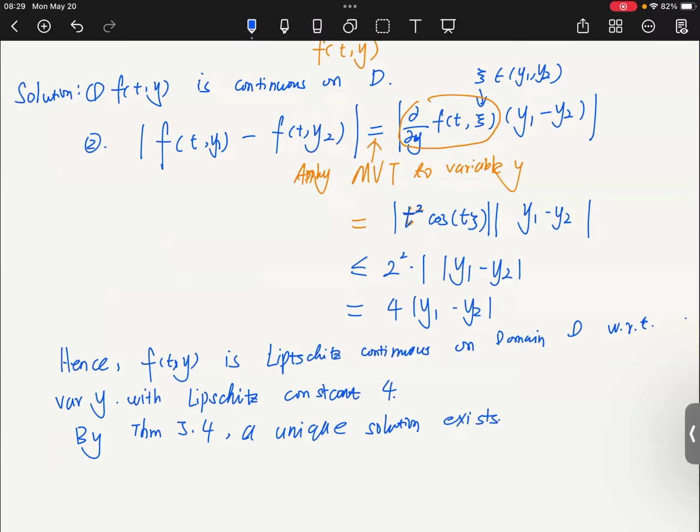And this is how we apply Theorem 5.4. Any questions here? So we only check two things. The f function is continuous, and the second one is the f function is Lipschitz continuous on the variable y. And that's all the things.